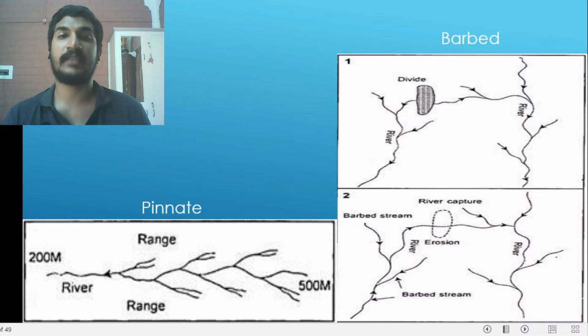Such a pattern is generally developed due to river capture or river piracy. River capture or river piracy is a geomorphic phenomenon occurring when a stream or river drainage system or a watershed is diverted from its own bed and flows instead down the bed of a neighboring stream.